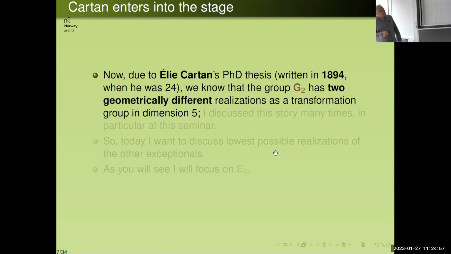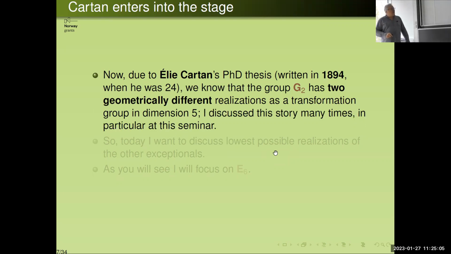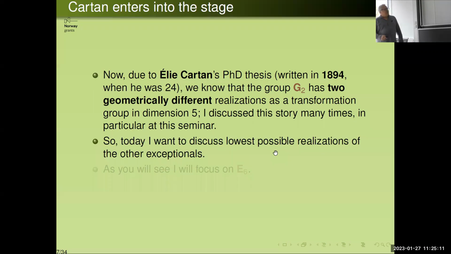So now, due to Elie Cartan, we know that the group G2 has 2 geometrically different realizations as transformation groups in dimension 5. I discussed this story many times, also in this seminar. Today I want to discuss the lowest possible realizations of the other exceptionals. As you will see, I will focus on E6.